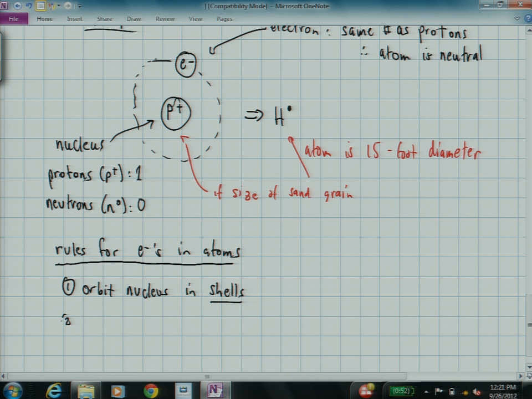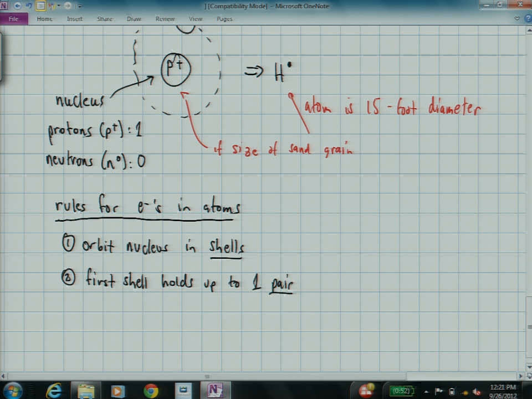Okay, number 2, the first shell holds up to 1 pair. Oftentimes, pairs of electrons matter, so we count them in pairs. You'll see why in a little bit. The first shell holds up to 1 pair of electrons. That is 2 e minuses.